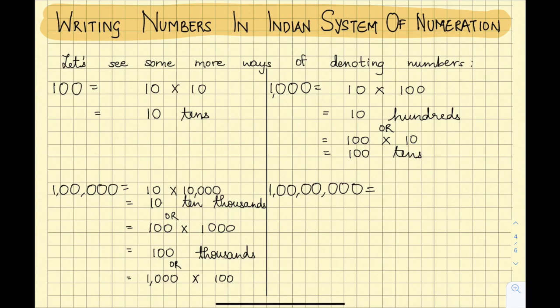Here what you need to see is the number of zeros. When you write 10, 1 zero is gone, the rest of the zeros are 4 because there are 5 zeros totally. Here when you show it as 100 multiplied by 1000, in 100 you have 2 zeros, so the next 3 zeros are pending. So it is 100 thousands. Or 1000, when you have already written, 3 zeros are gone, so 100 is remaining. So this can also be written as 1000 hundreds. Now we proceed further.